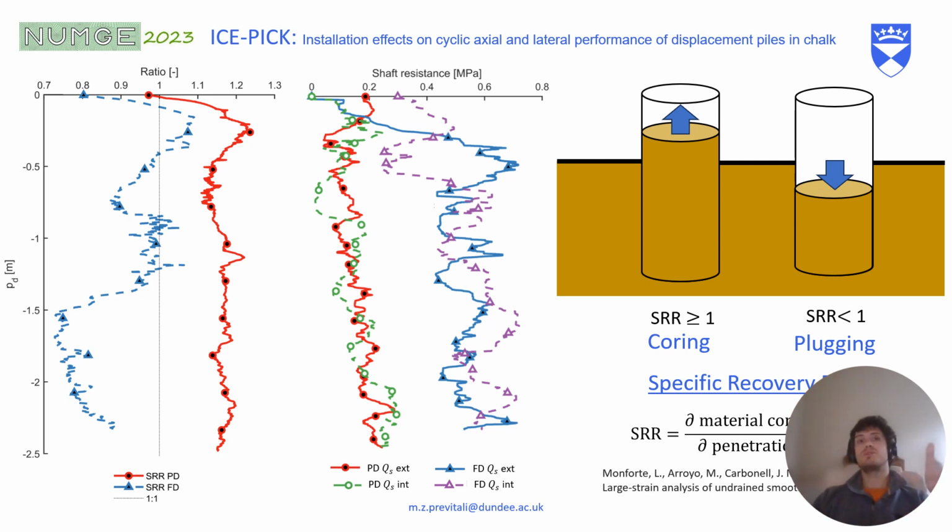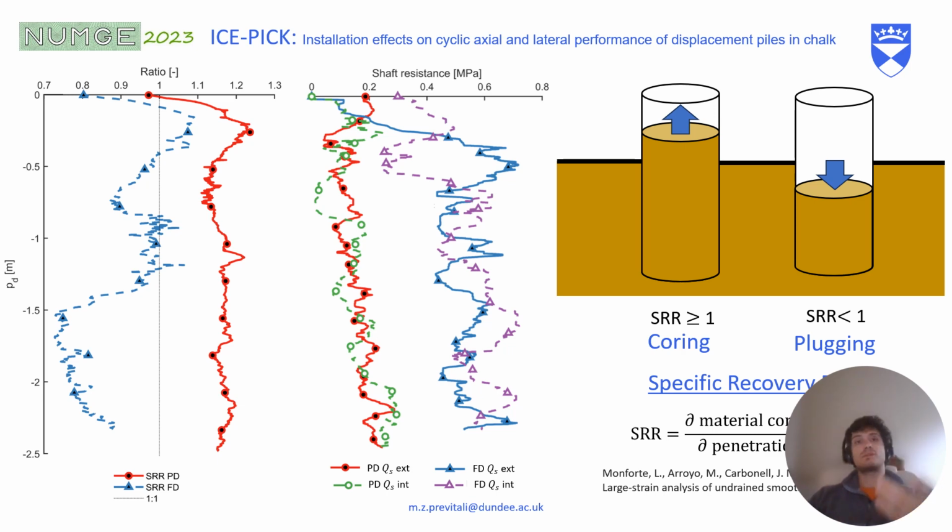In coring, you can see that the recovery ratio is equal to 1, meaning all the material that enters the pile just flows through it, and it's greater than 1 due to dilation, while a recovery ratio less than 1 means the pile displaces material at the bottom and it's not going into the pile.